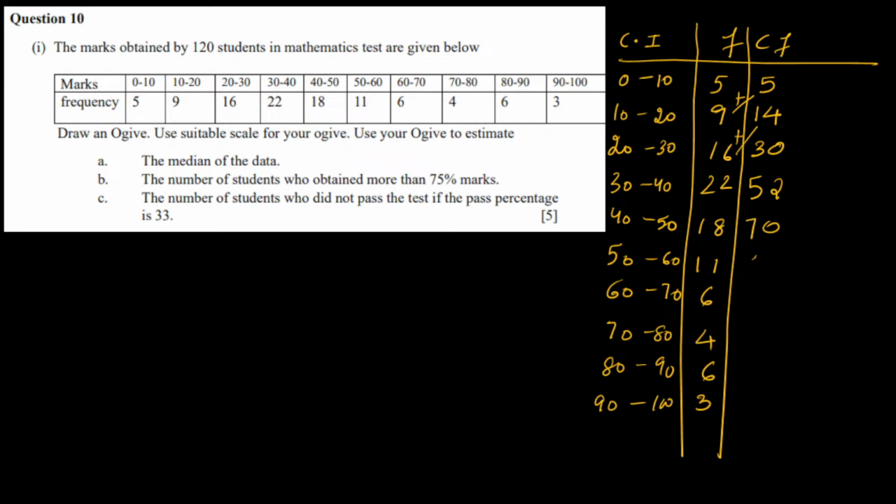So 70 plus 11, 81. 81 plus 6, 87. 87 plus 4, 91. Then 97 and 100. Just check my frequencies. Yes, so 30.